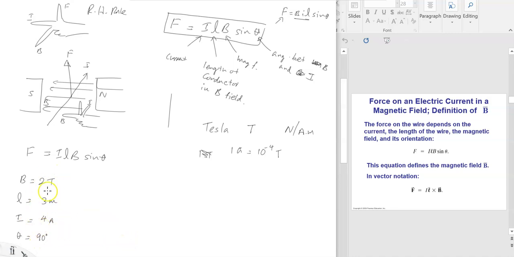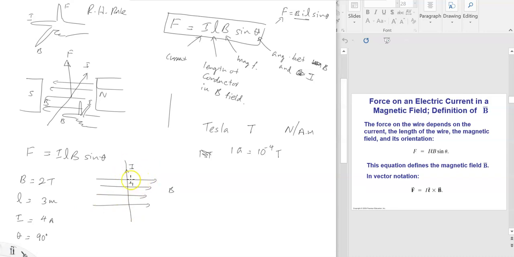How do we draw all this in a simple diagram? So here's the magnetic field. Let's draw the magnetic field like this. Here's the B field. There's a conductor. The conductor can have any length. What we need is the length of that conductor within the magnetic field. So here's the conductor. It's perpendicular. It's 90 degrees. This is the direction of the current.